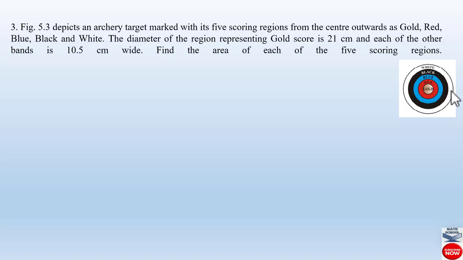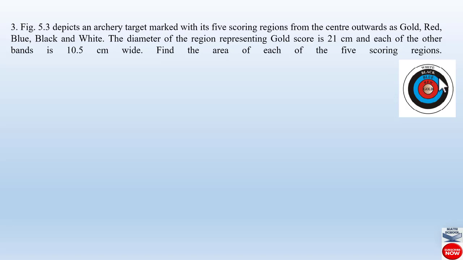So we have to find out the area of each of these regions, that is the gold region, which is a complete circle, whereas the red, blue, black and white form bands around this gold circle. So this red region is not a complete circle, whereas it is a band around this gold region.